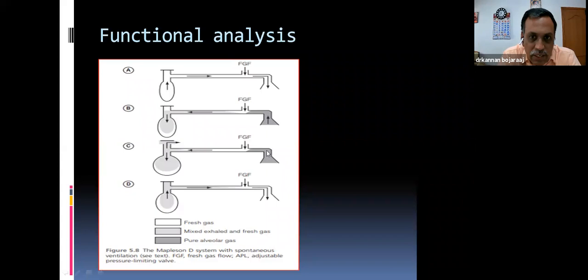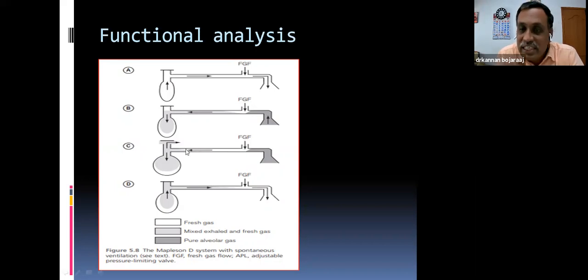There is no gas expired from the patient, and only fresh gas flow is coming here and pushing. What is here inside, very near to the fresh gas flow, is the mixed alveolar gas, and next is the dead space gas, and the dead space gas is filled by the reservoir bag. The gas flow is very continuous.